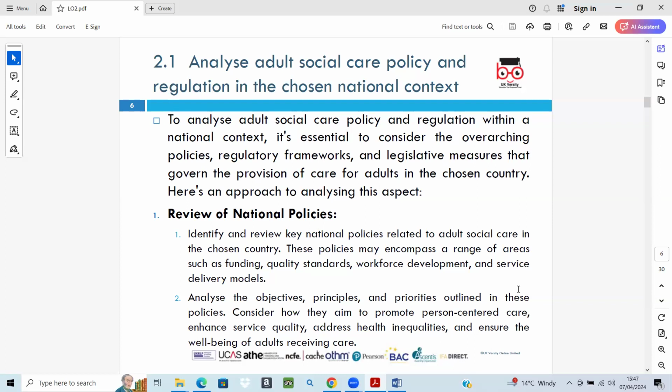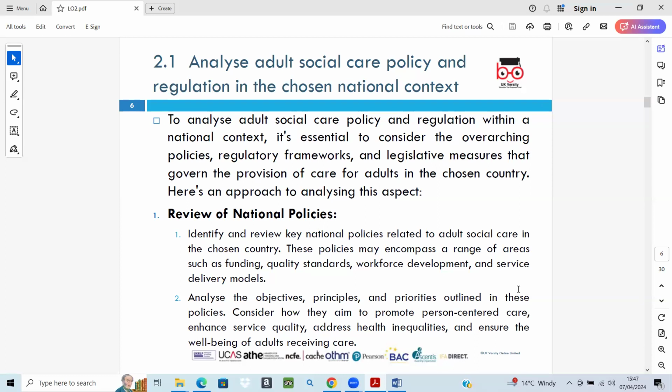Future direction. There could be some potential future developments in adult health and social care. Like in the United Kingdom, they monitor and update the policies and regulations. In other countries as well, they do that. Plus technological advancement. There is a lot of technological advancement these days.